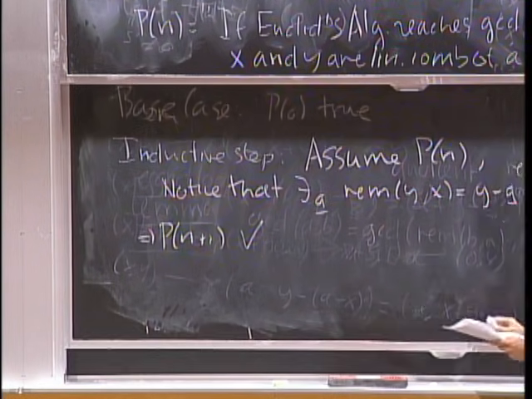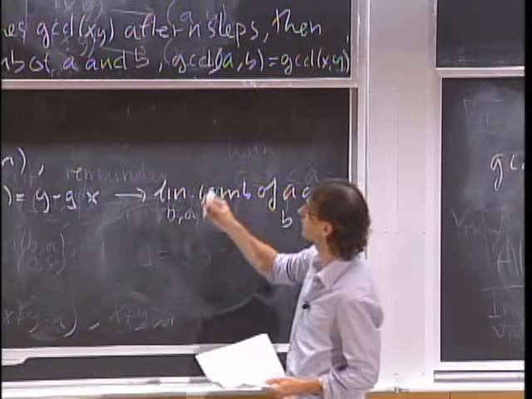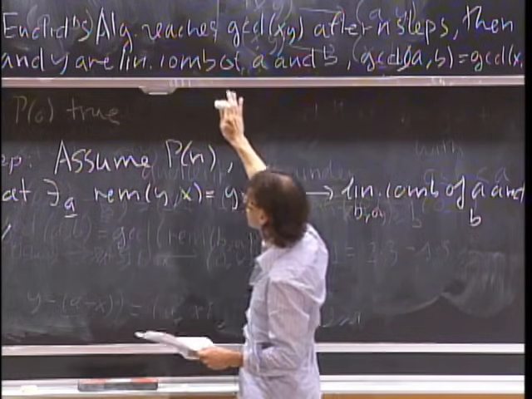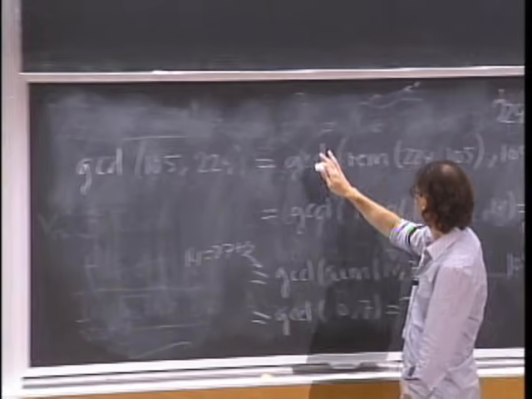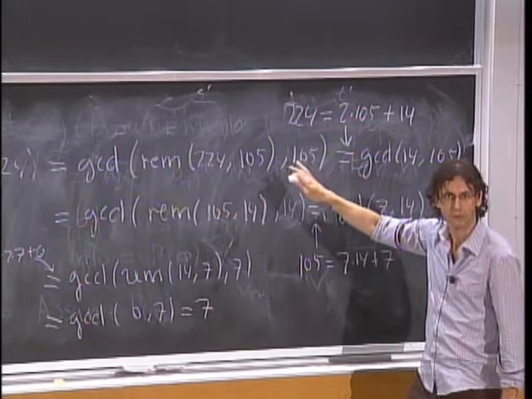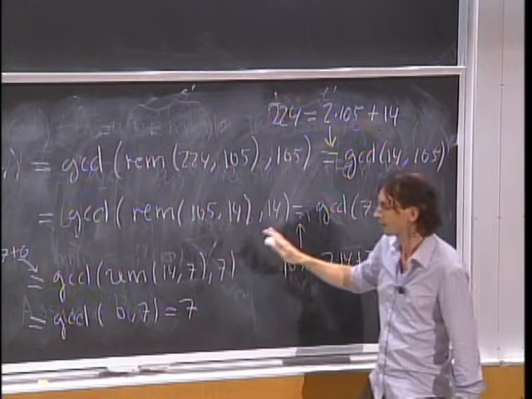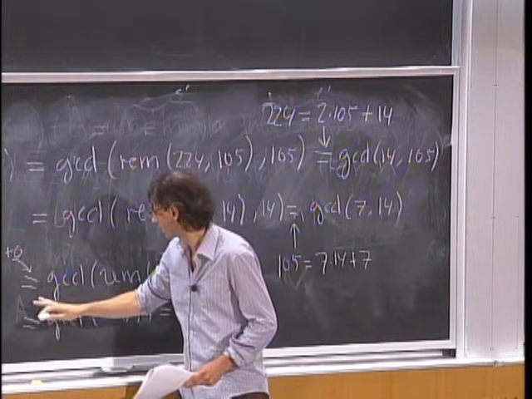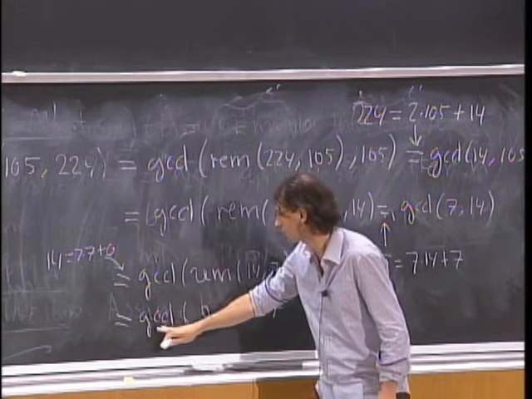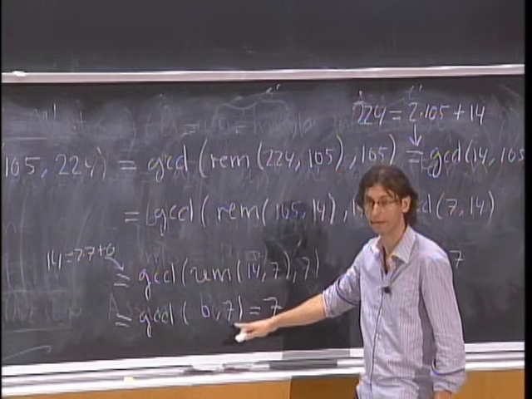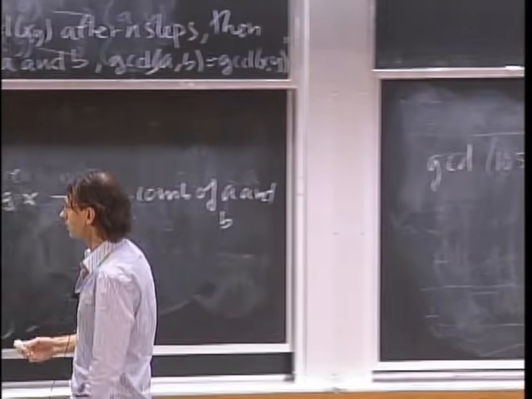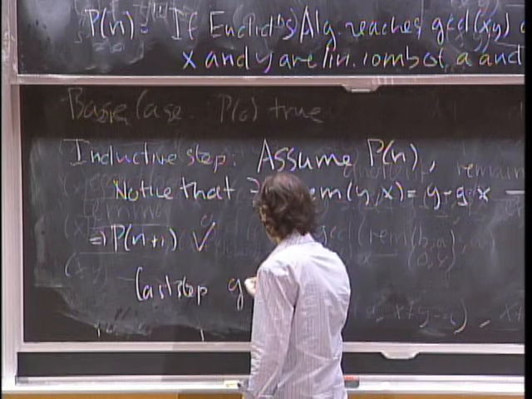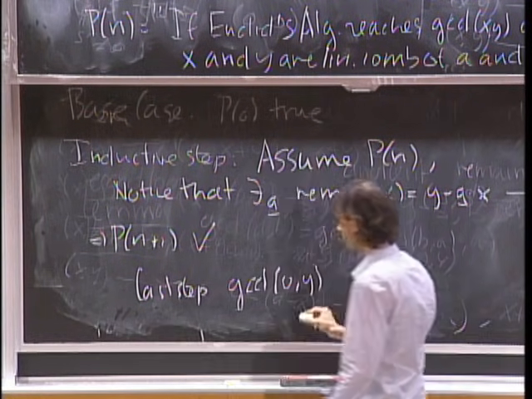So, for the very last step, if we look at the very end, we notice that in every step the remainder is getting smaller and smaller and smaller. And you can use a similar kind of proof technique to show that after a finite number of steps, we will reach a GCD of 0, y. So in the very last step of Euclid's algorithm, we achieve something of this form.